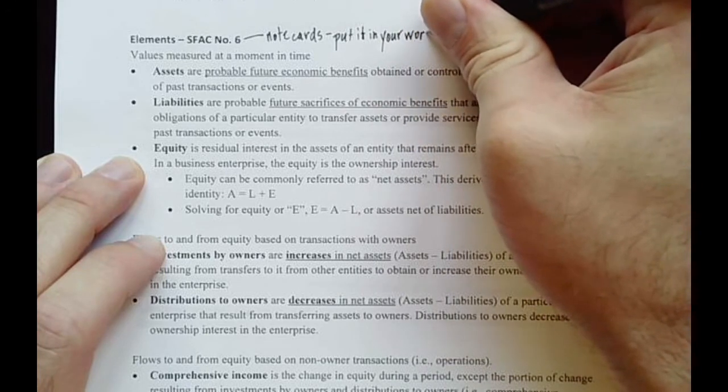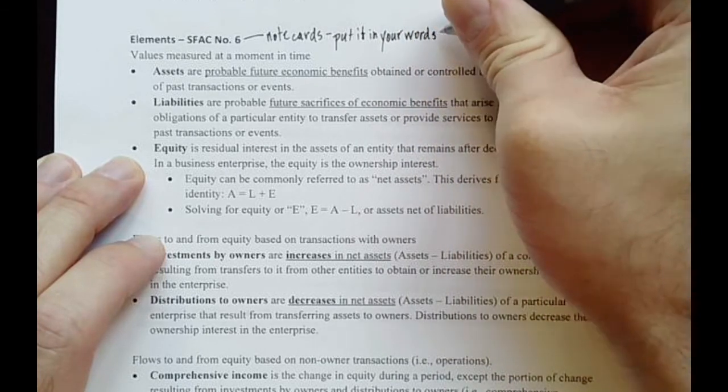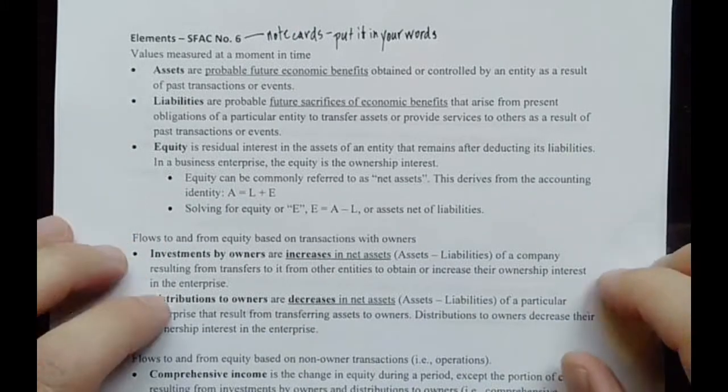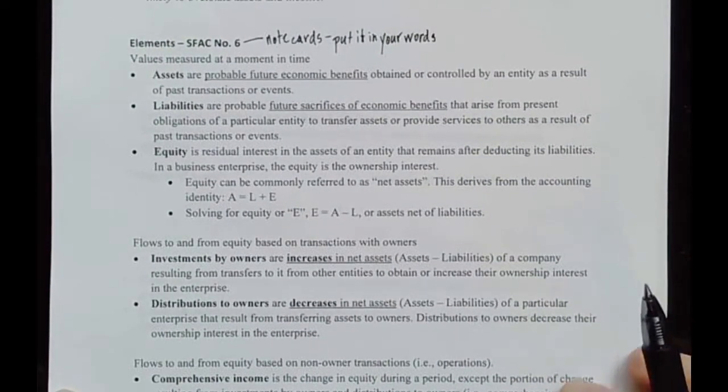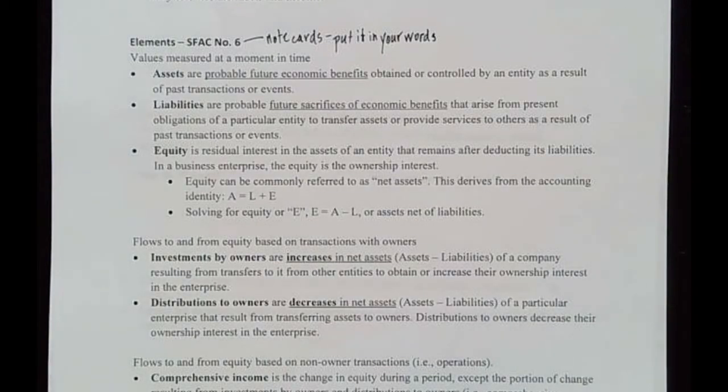There's a reason why you just want to write down the exact definitions, and these are pulled exactly from the statements of financial accounting concepts. But when you have to synthesize something in your own words, you're actively dealing with it in your mind and putting it into a place where it'll be more likely to be used. You're now owning that information. You're not just memorizing a bunch of words that don't really mean anything to you.